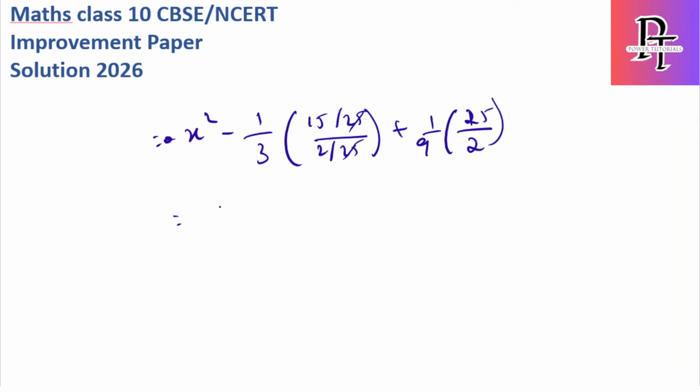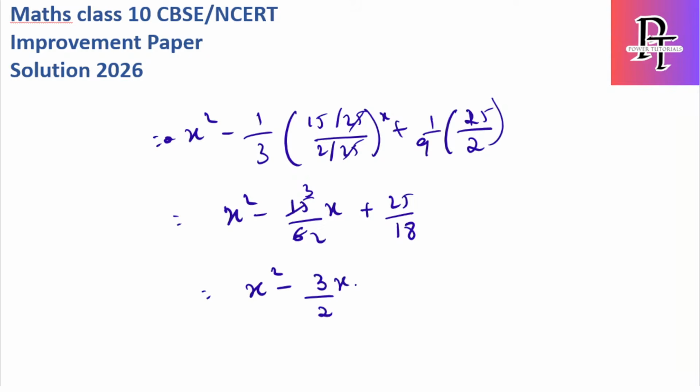Now this becomes x square minus 15 by 3 into 2, that is 6, x plus 25 by 18. If I cancel by 3 2's and 3 5's, I get the final equation: x square minus 3 by 2 x plus 25 by 18, which is the quadratic polynomial they're asking.